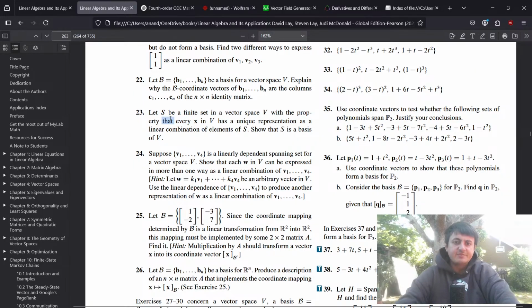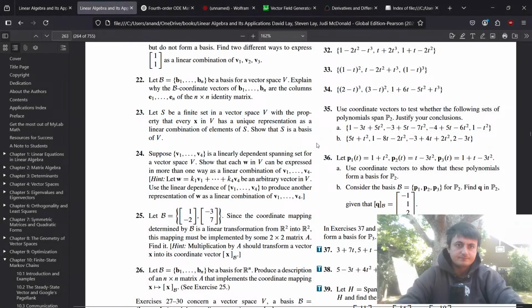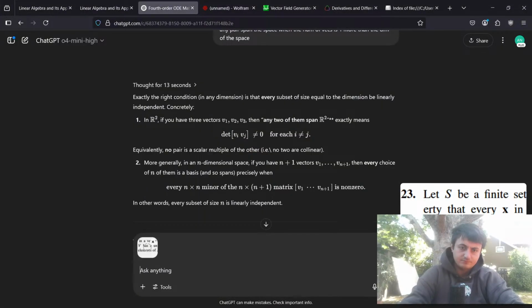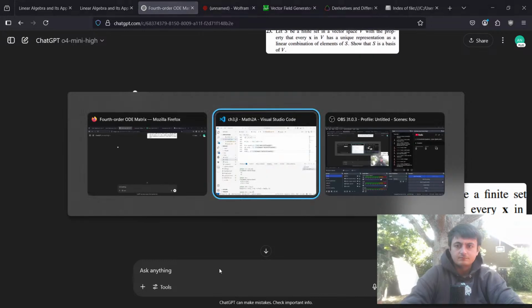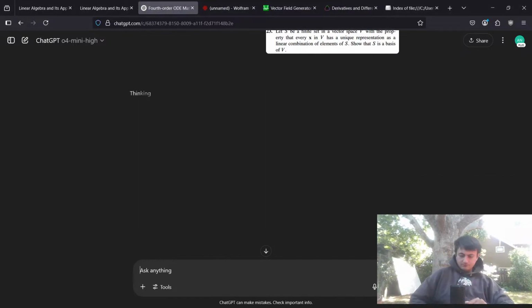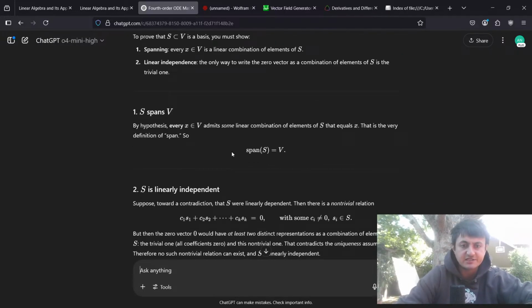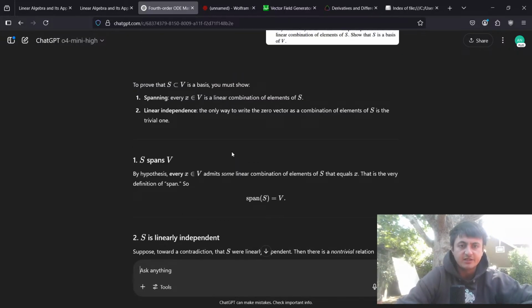All right, let's see how ChatGPT is going to answer it, because I feel like I just answered it. Okay, so yes, we need to say it spans V and it's linearly independent.